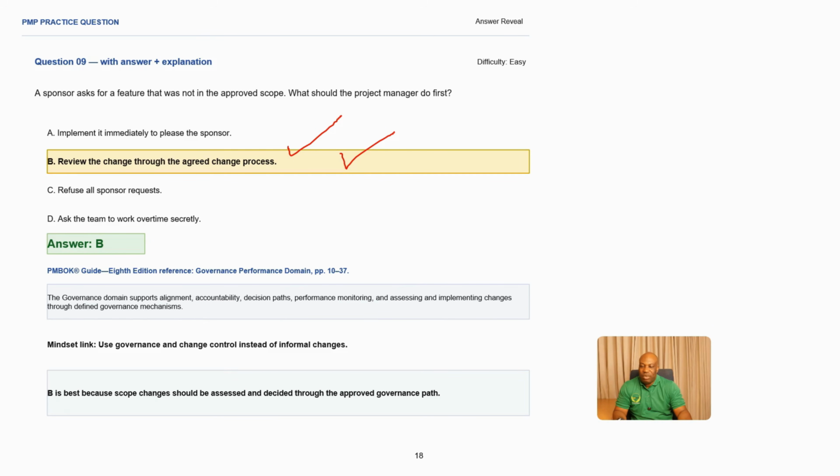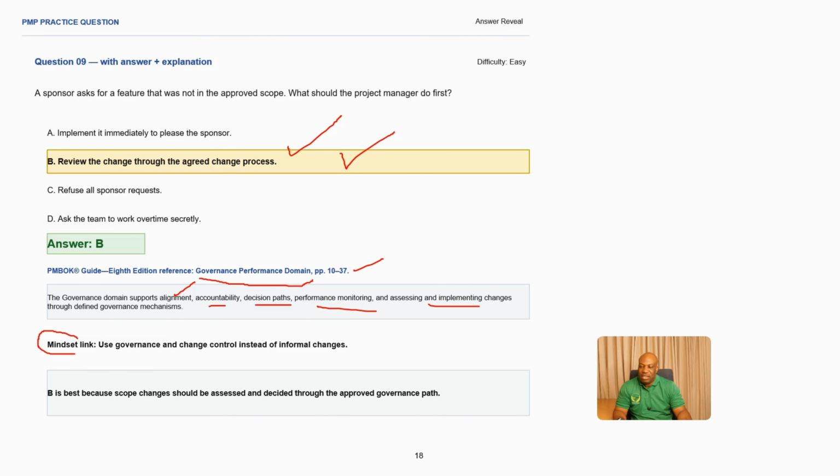And what domain are we looking at from our PM book? We are looking at the governance performance domain, which is page 10 to 37. So what does it say? It says the governance domain supports alignment, accountability, decision path, performance monitoring, assessing, and also implementing changes. So what mindset are we talking about here?